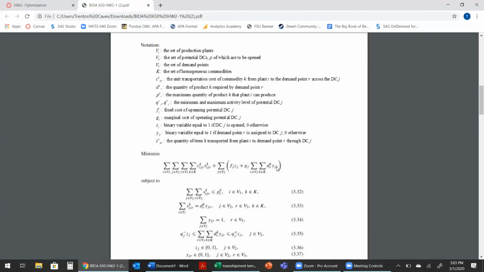And then Y sub J R is the binary variable equal to 1 if demand point R is assigned to DC J, 0 otherwise. So it's again a 1-0 true false. Does a specific distribution center supply our demand point?